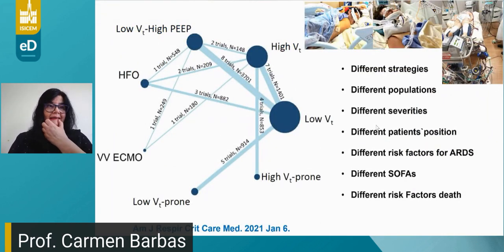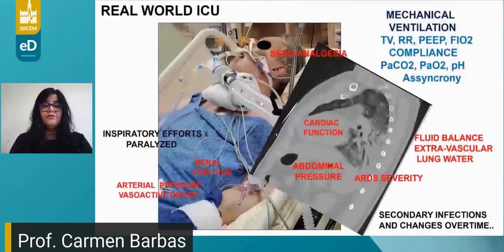But what we can say about these trials is that they had different strategies, different populations, different severities, different patient positions, different risk factors for ARDS, different SOFAs, and different risk factors for death.